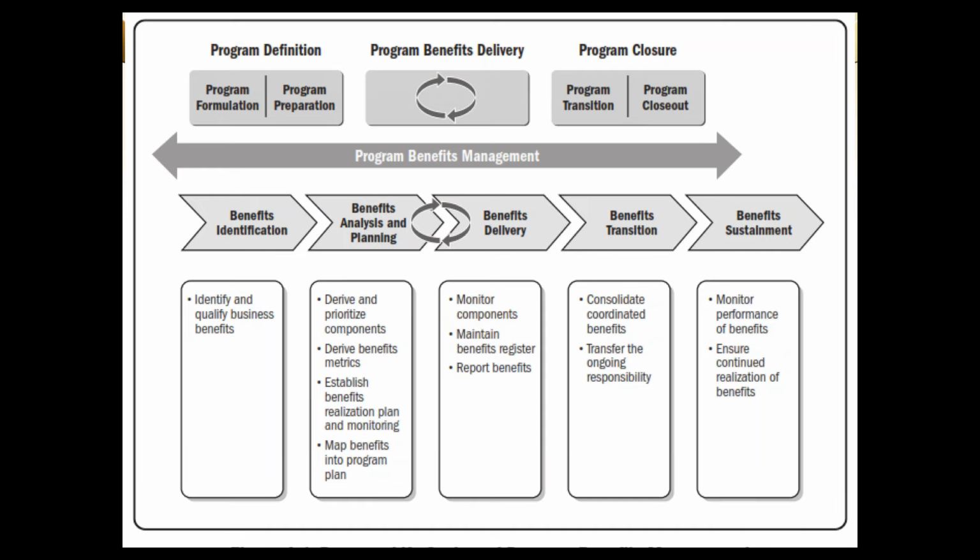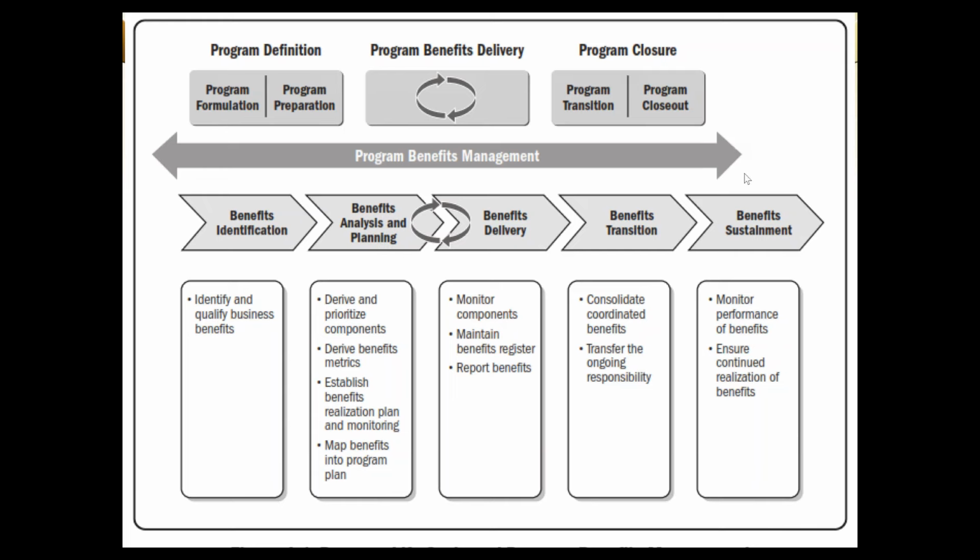In benefit transition, you consolidate coordinated benefits, you transfer the ongoing responsibilities, and this way you have transitioned the benefit to the end user, and then is the benefit sustainment. You can see the program benefit management is shown, the arrow is shown till half of the benefit sustainment.